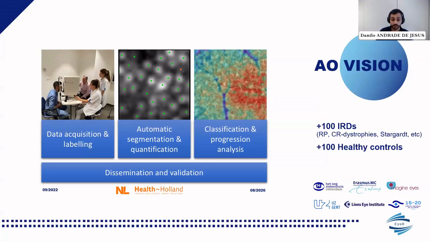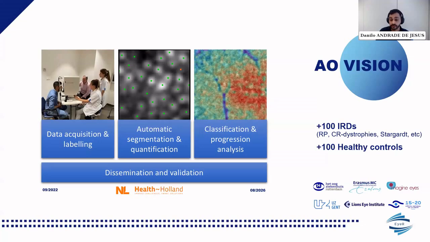Therefore, in the AO Vision project, we hypothesized that applying artificial intelligence techniques to high-resolution retinal images from AO technology will enable earlier and more accurate detection and progression assessment than the current conventional methods.